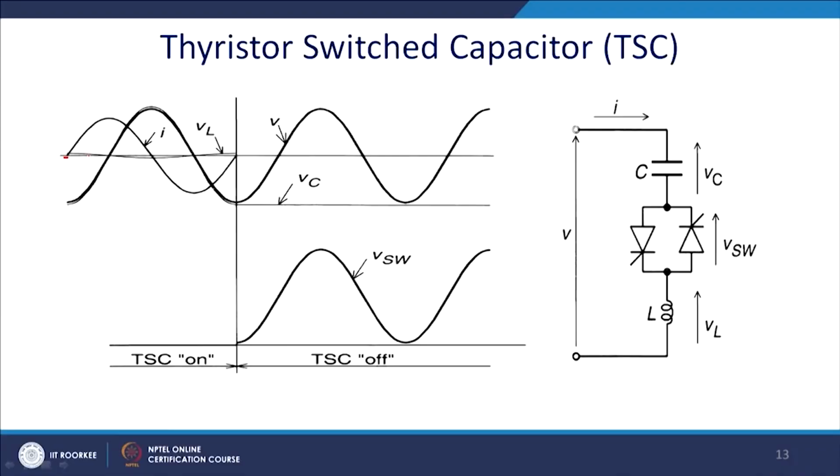So, what happened when it is switched? This is the current, where the current is almost lagging by 90 degrees, and this small value is the inductor voltage. And this is the supply voltage, and here you have switched it off.